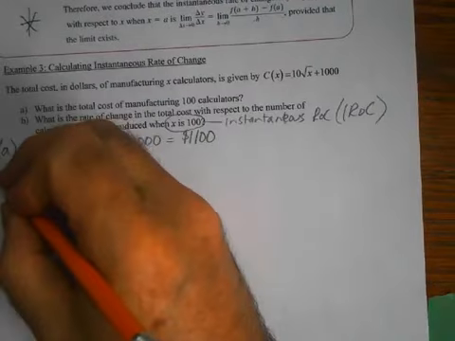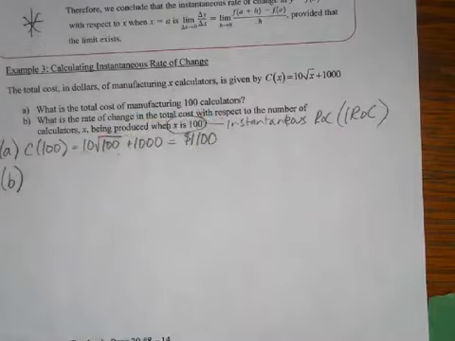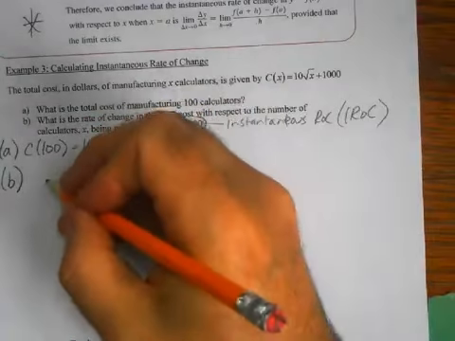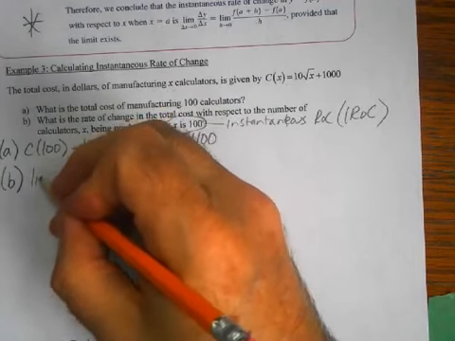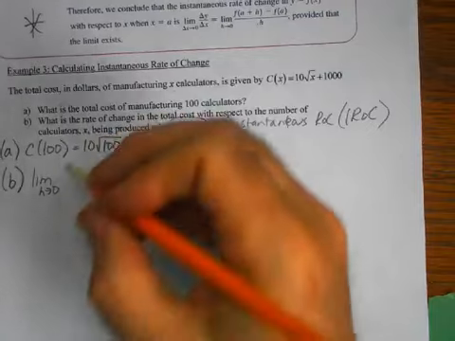Okay, so when we do this, I'm going to do 2 columns here for the calculation. So this will be the limit because instantaneous rate of change uses the limit.